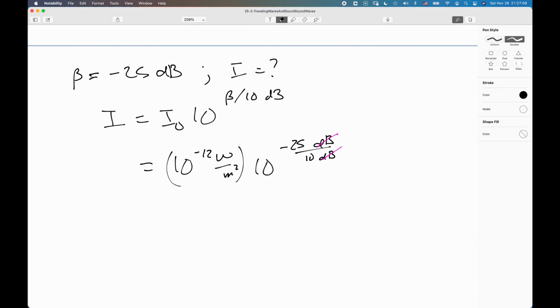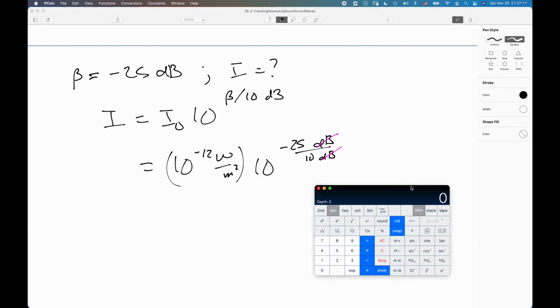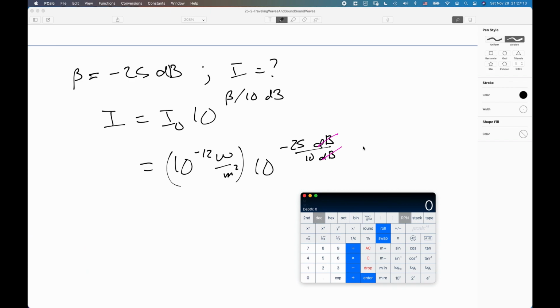For this one, we're going to need our calculator. So I'll take my exponent here. This will be 25. We'll divide that by 10 to get 2.5. We need to change the sign to get a negative. And now we're going to need the 10 to the x key. So 10 to the negative 2.5 is that.